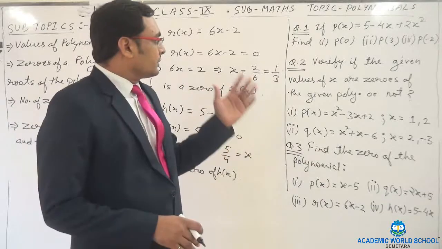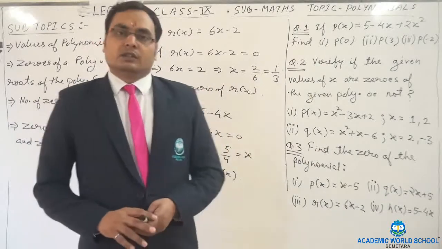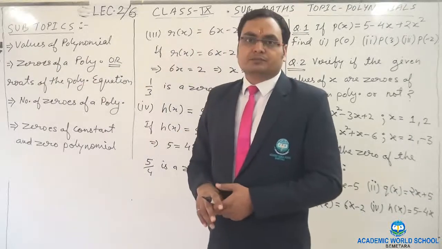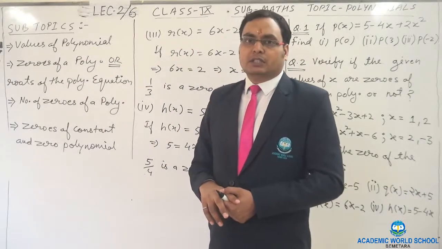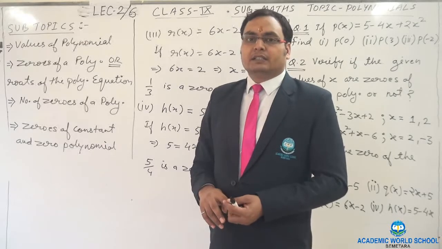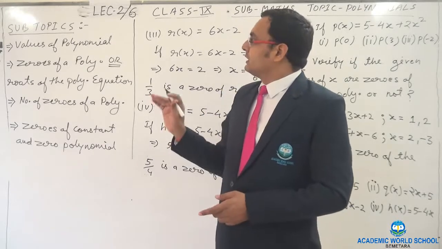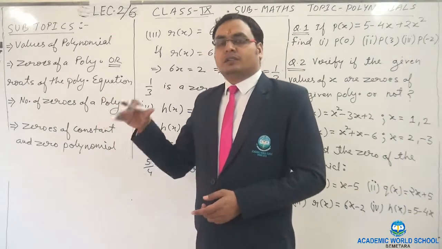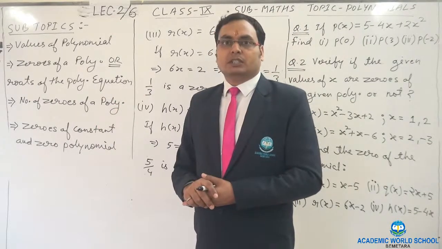So these were the explanations of these questions. Till now we have studied what is the value of a polynomial. The value of a polynomial is defined as the value of polynomial by putting some value of the variable in that polynomial.